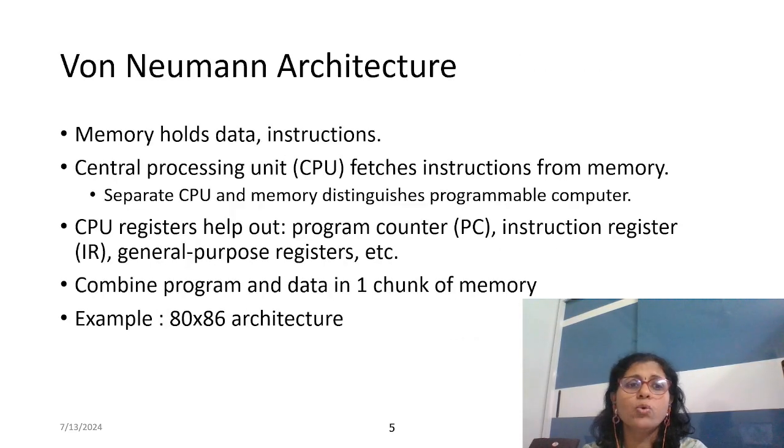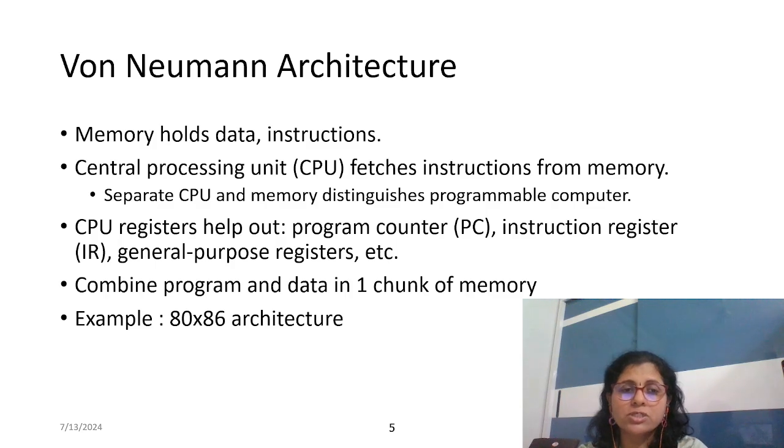Now another important concept in the Von-neumann architecture is that it mainly uses important registers like the program counter, to store the address of the next instruction to be executed. Along with that there is the instruction register, and also general purpose registers. General purpose registers are used for temporary storage of the operands on which instructions operate.